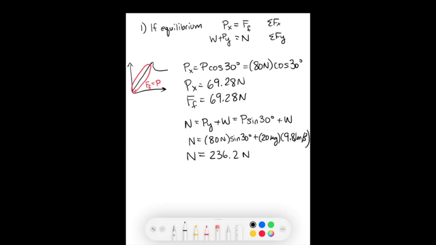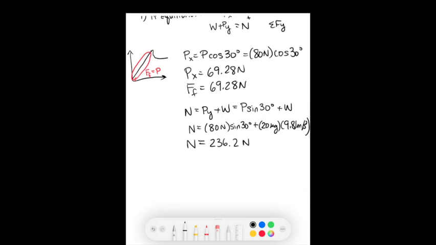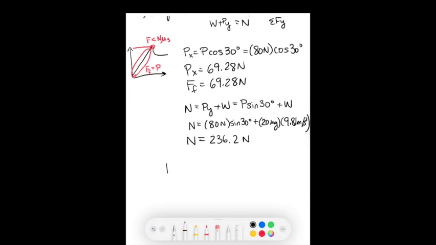Okay, now to know whether or not this stays in equilibrium, we have to check to make sure that that friction force is less than the maximum static friction that can occur, which would be phase 2. So we need to check that F is actually less than the normal force times the static friction coefficient.